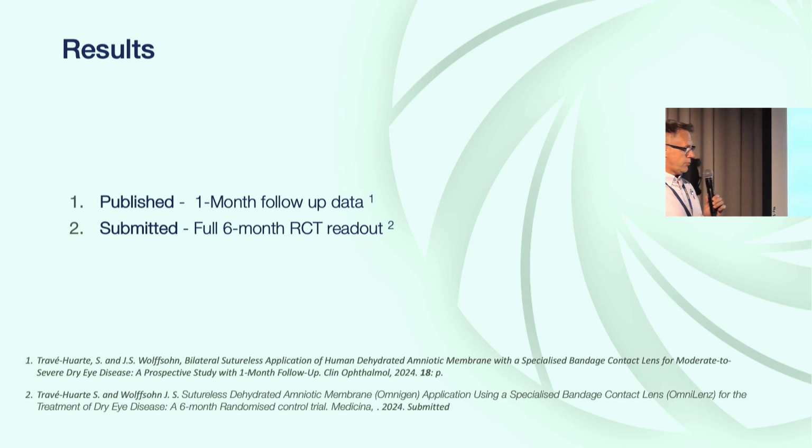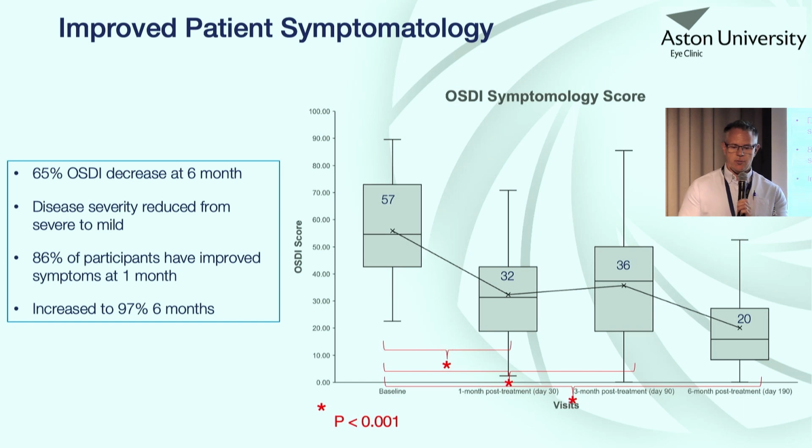I'm going to come to the results in a minute, but the 1 month data has actually now been published, and the full RCT has been submitted for review. Just to give you an overview of some of the key elements, we were able to reduce dry eye symptomatology, disease severity, by 65%.